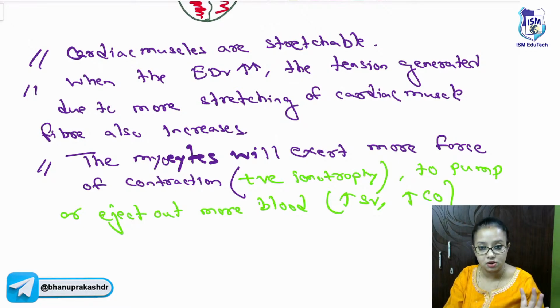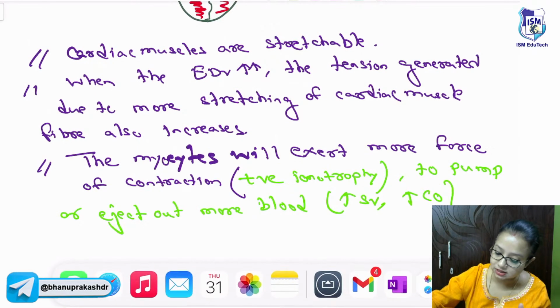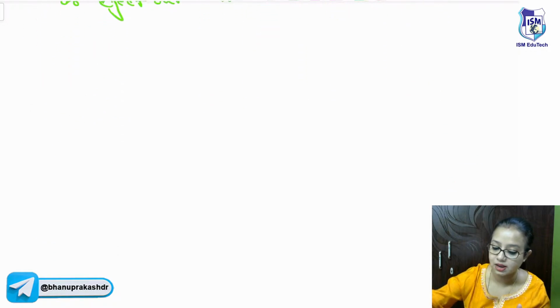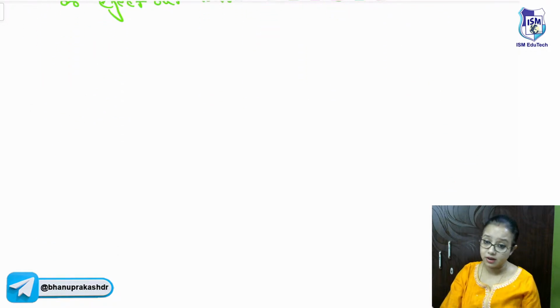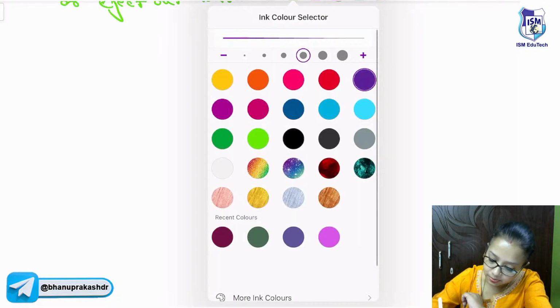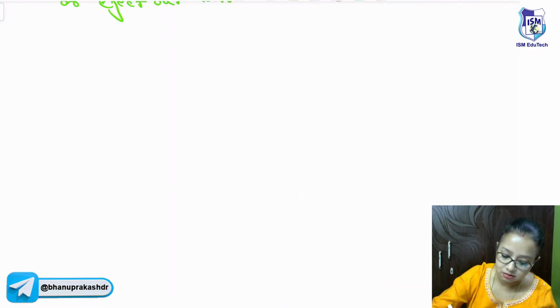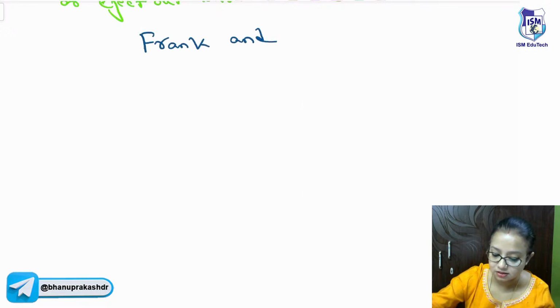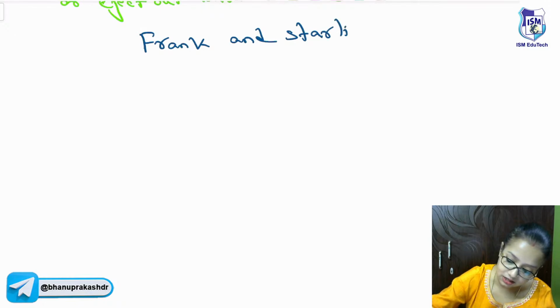What is positive inotropy? Increase in the force of contraction, right? So the myocyte will sense it and they will contract harder, forcefully, so that more blood is let out. Now this beautiful relation has been described by Frank and Starling.